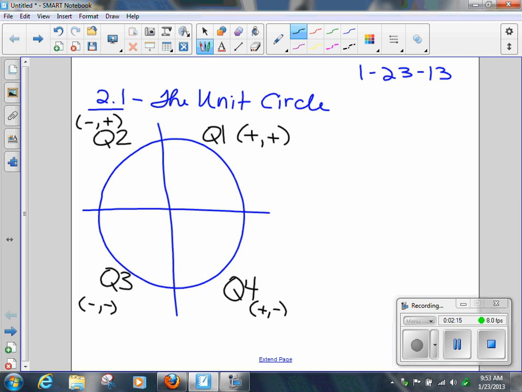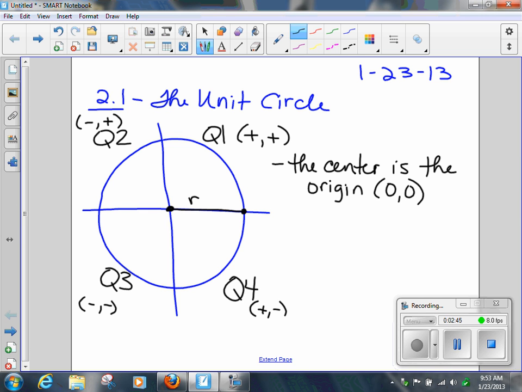But we're looking at our circle. And folks, the radius is going to be from the origin to any edge of the circle. Do you guys agree with that? Well, let me back up. The center of this unit circle is the origin, 0, 0.